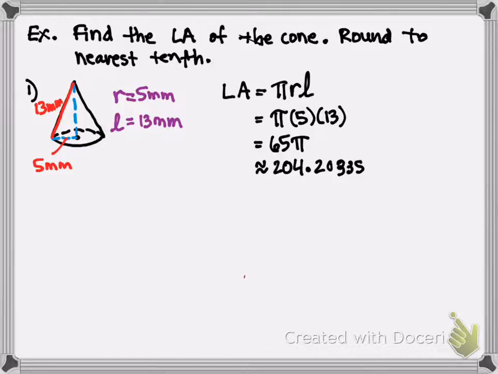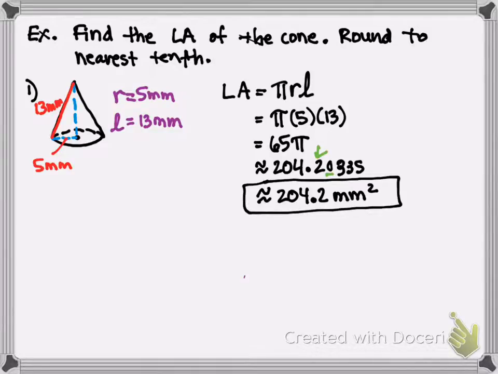Then I'm going to round to the nearest tenth. 0 is not enough to round the 2 up, so my final answer is approximately 204.2, and the label would be square millimeters, okay?